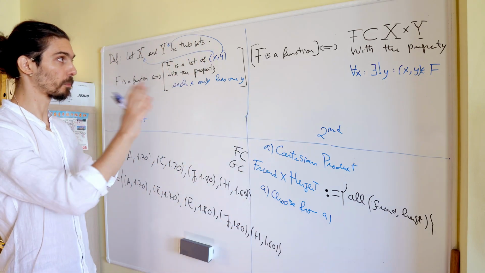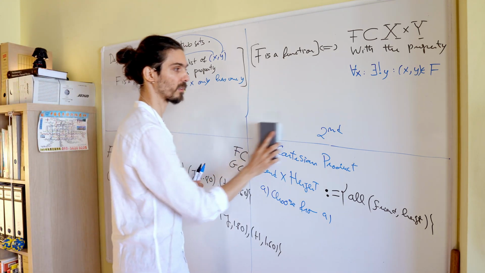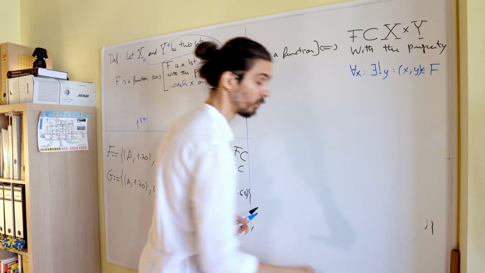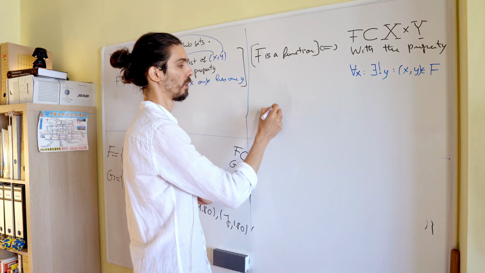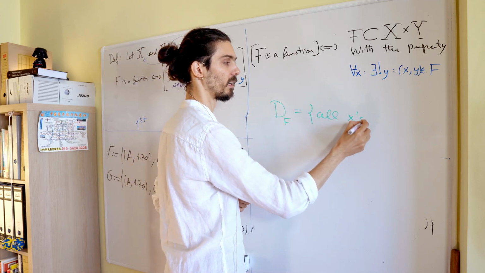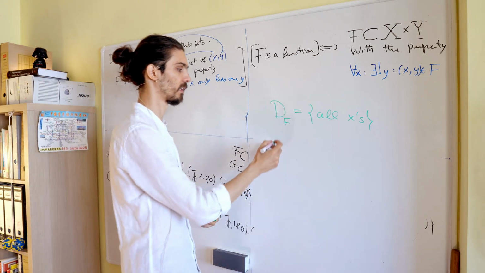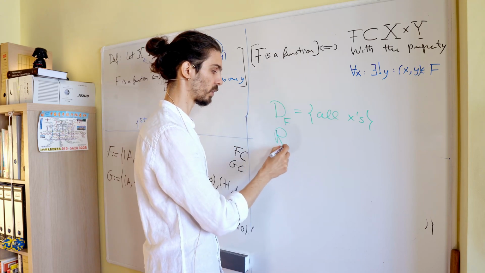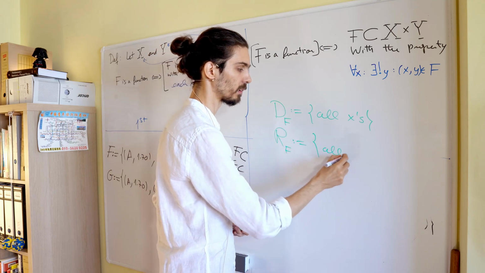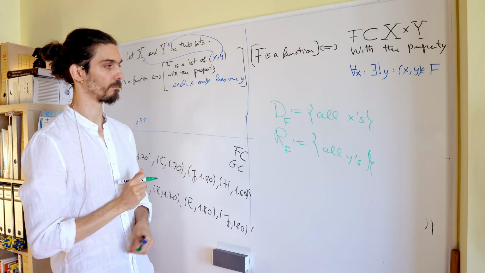Now, with respect to functions, there are still two more definitions that I want to give you, which will be very important throughout this entire course. The first is the definition of domain. The domain of the function is defined as all the x's that appear in F. So D sub f is the set of all x's. The range R of f is defined as all y's that appear in F. So R sub f.